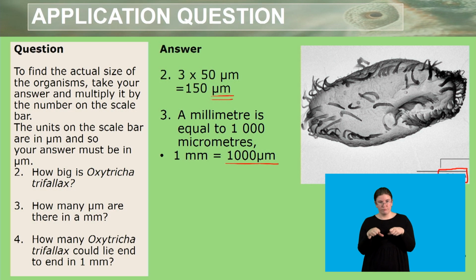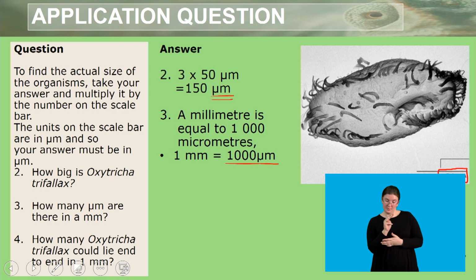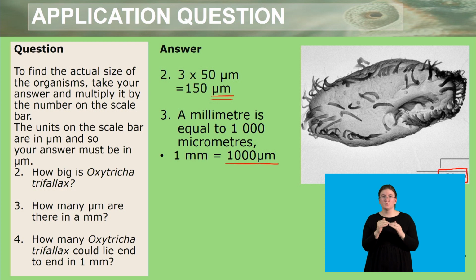We move on to our next question, question number 4. It asks, how many Oxytricha triphelix could lie end to end in 1 millimeter? We already know that 1 millimeter is equal to 1,000 micrometers.